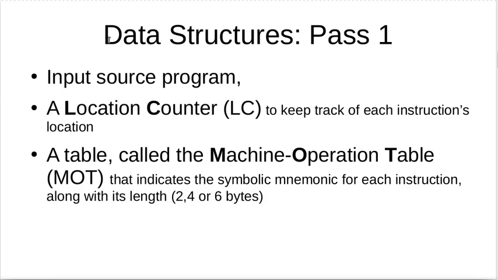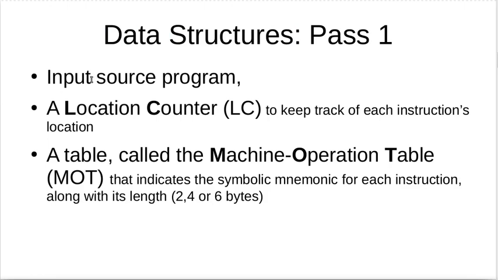So now we'll work through each of the passes. For pass 1 we will go through the data structures required, and then we will go through the algorithms used in pass 1, and we will do the same thing for pass 2. Starting with pass 1, we have the specific data structures listed below. The first one, which is most crucial, is the input source program.